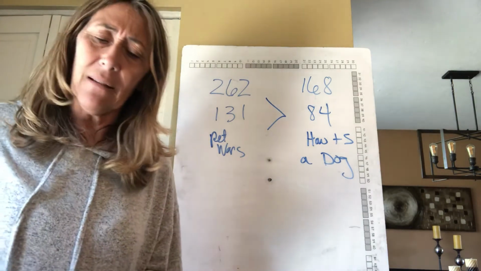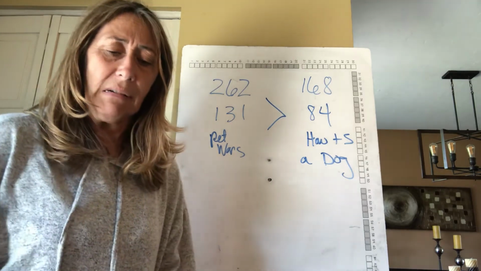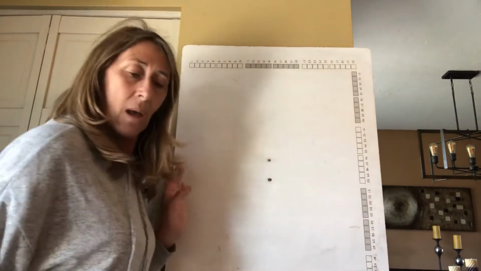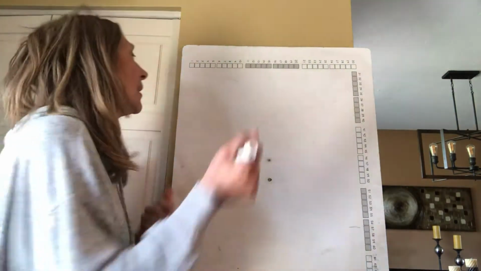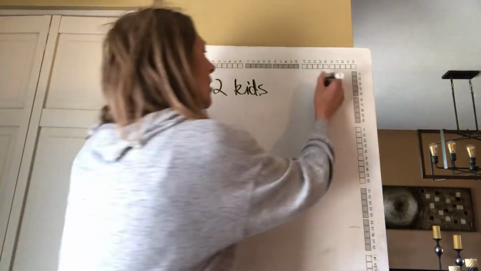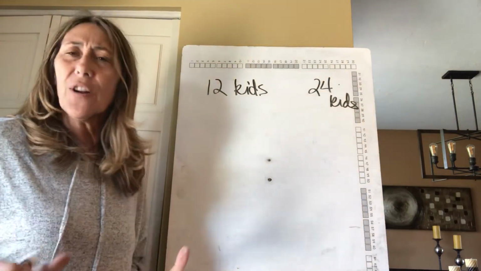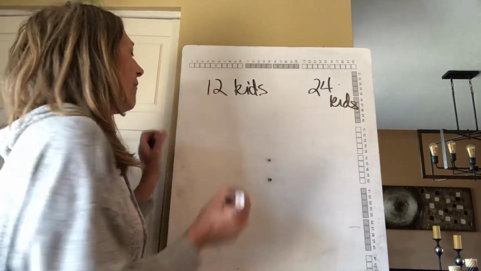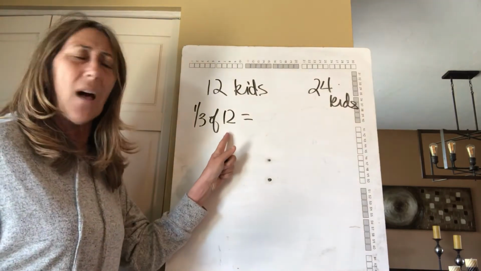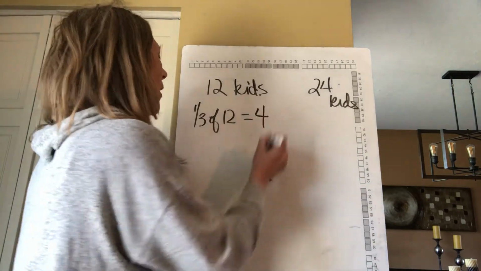I wonder if that would be the same if I was talking about a third of something. Let's say I had 12 kids in this group and 24 kids in this group. So a third of each of those groups. 1/3 of 12 means I take 12 and divide it into 3 equal parts. 1/3 of 12 is 4.